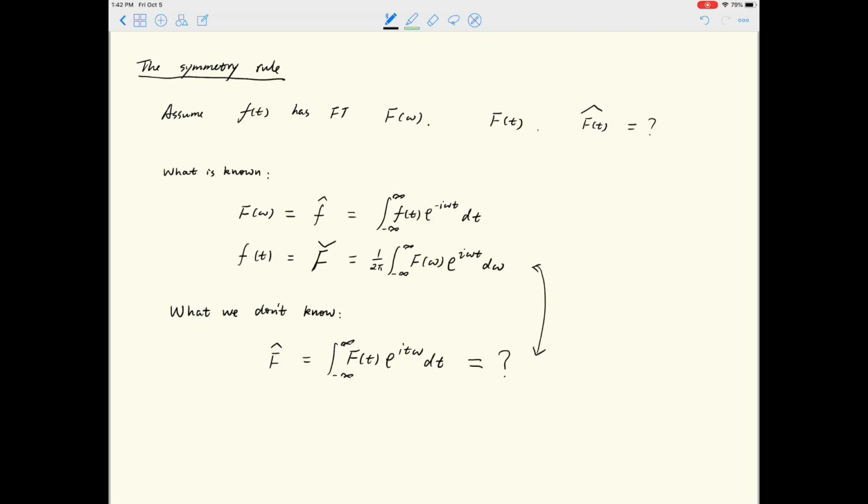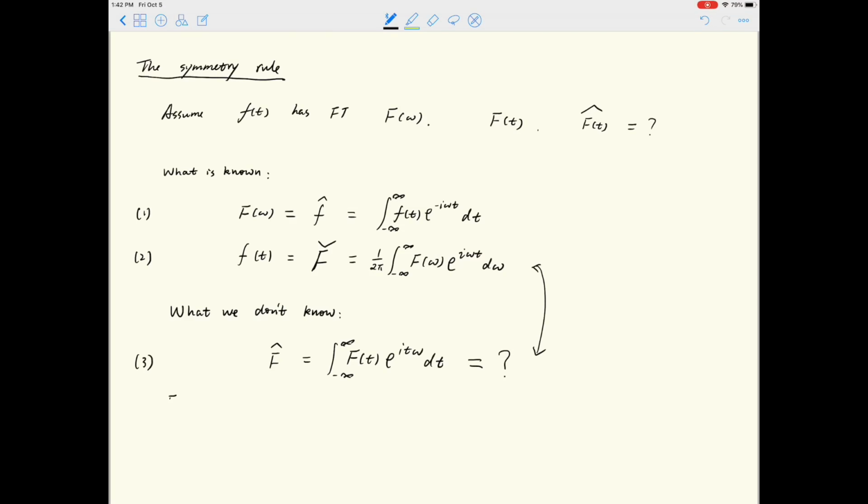So now, how to figure this out? Since the roles of t and omega are just exchanged, let's call this one 1, this is 2, and this is my equation 3.